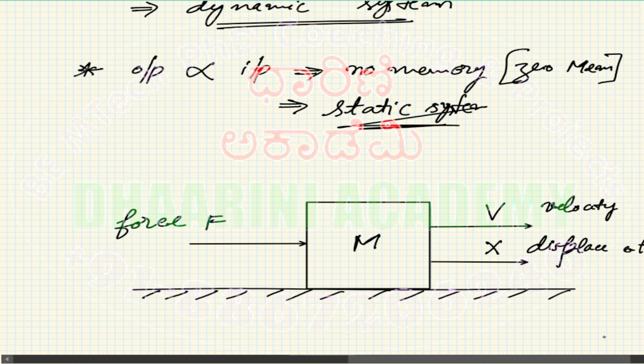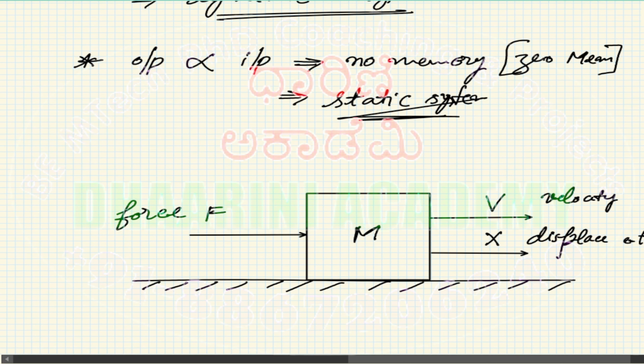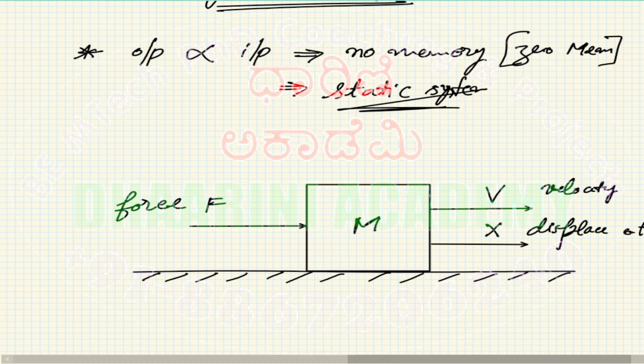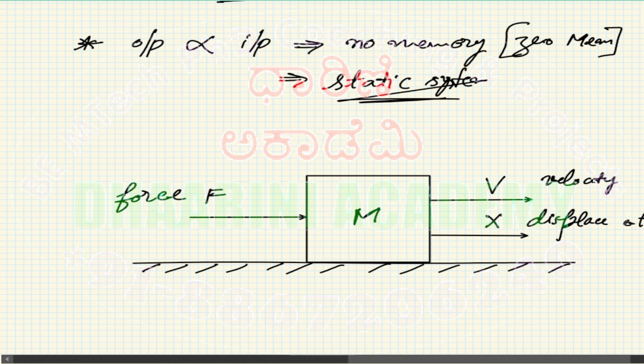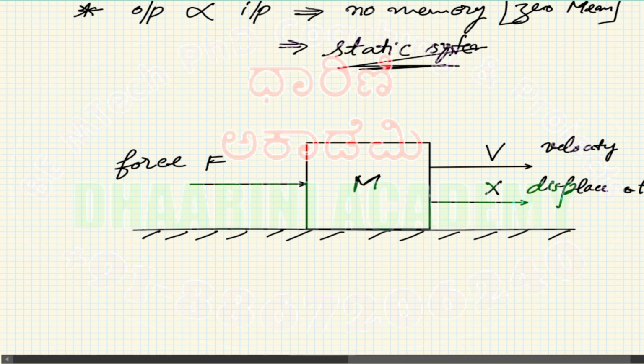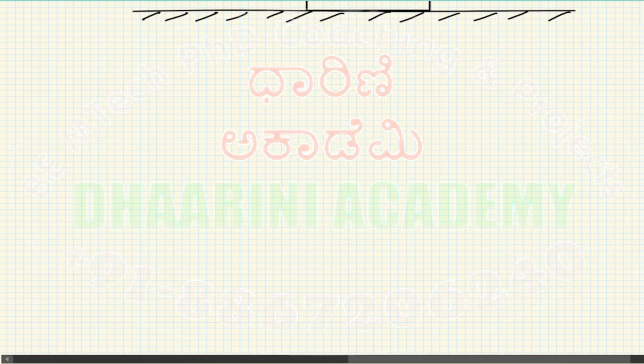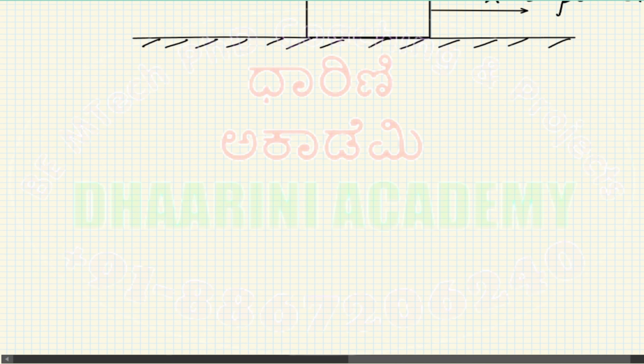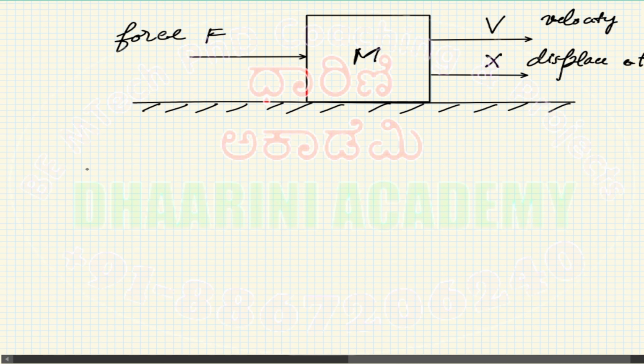Now we know something about how the force and the mass are related in general. I'll directly write F is equal to m into a, where m is the mass and a is the acceleration.